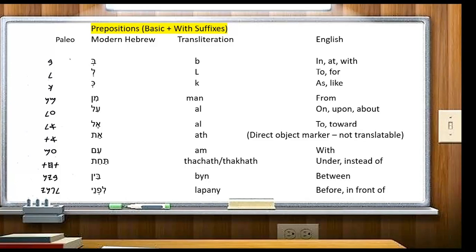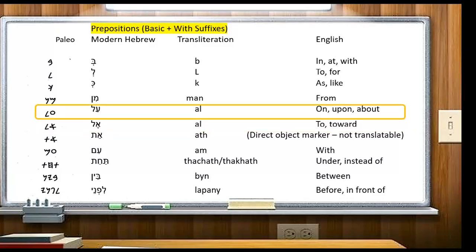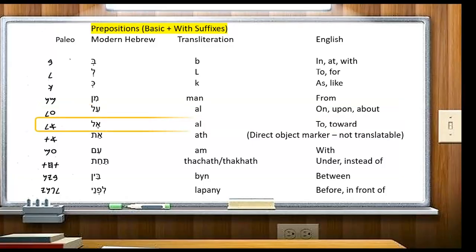And so with the ayin lamad it means on, upon, or about. Context decides. And with the alaf lamad, it means to or toward. To or toward.